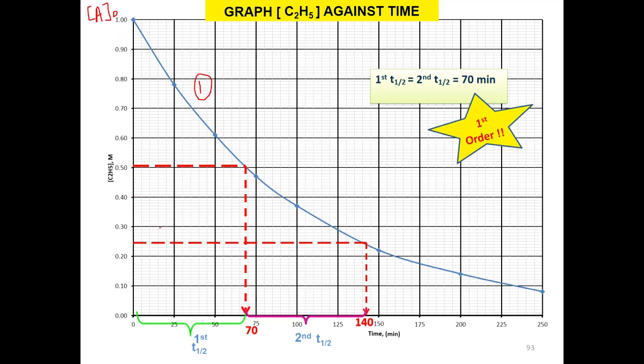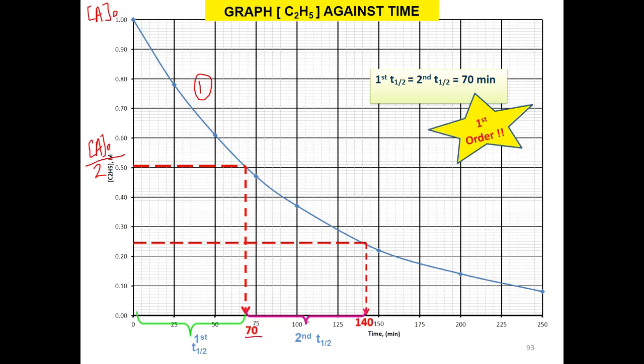So for the first t half, A0 you divide by 2, so you will get A is 0.5, then go to the blue line, then go straight, then you will get the first t half is 70.